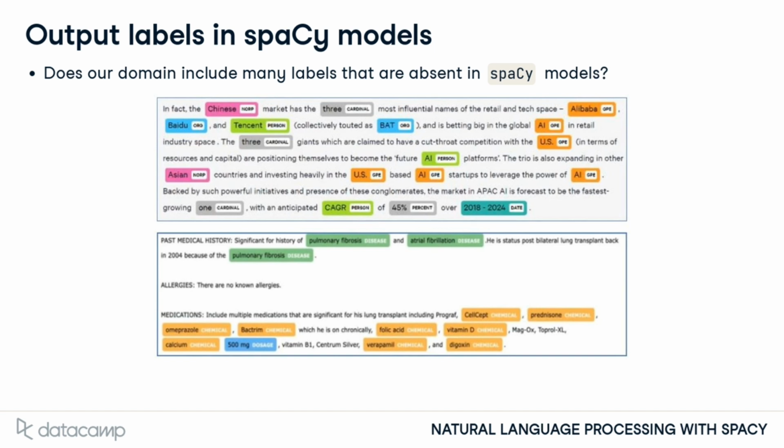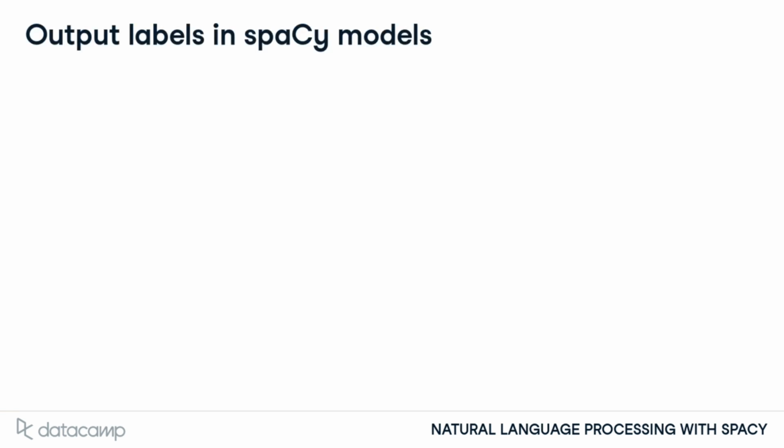Common domain entities like LOC, ORG, and date that are used for training of existing Spacy models are considerably different from the medical domain entities, such as disease, dosage, chemical. It is clear that the existing Spacy models do not have many of the output labels for an NER task on medical domain data and do not perform well on our data.